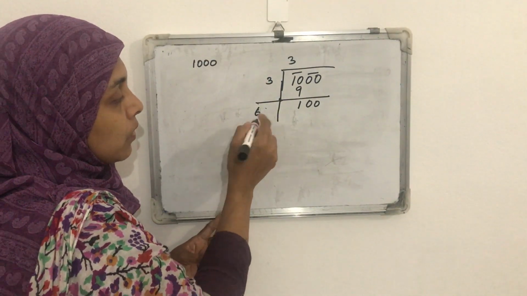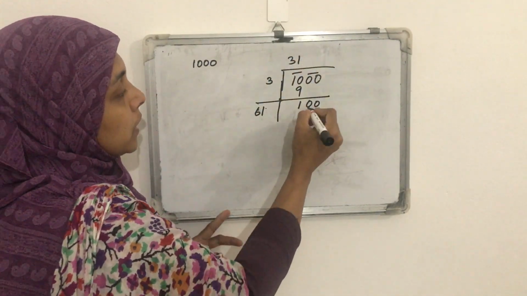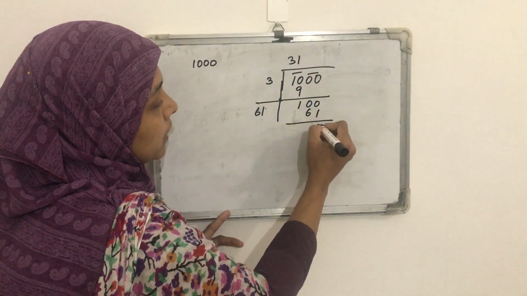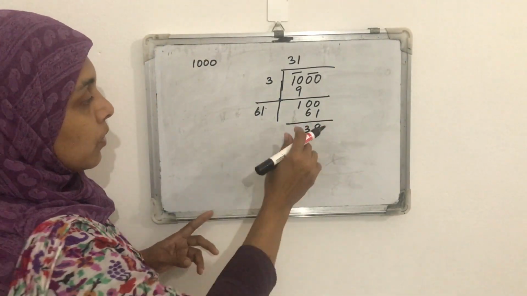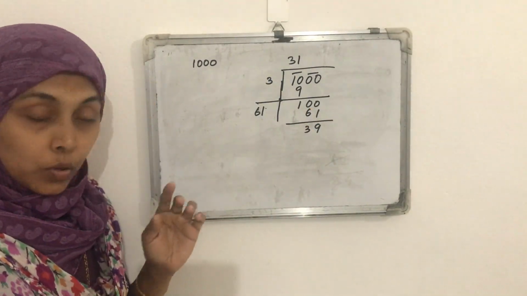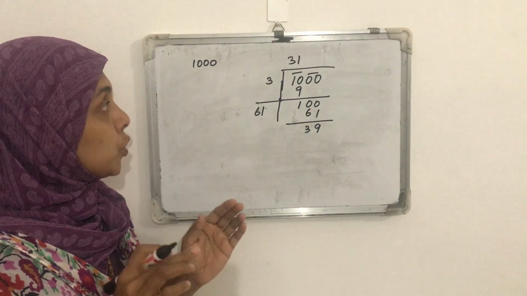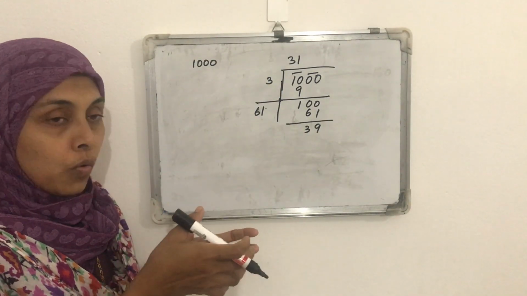Which number will be here? 1 is possible. So same number here, 61. We will get 39. Now the question is, is it possible to arrange these 1,000 plants in the same number of rows and columns?